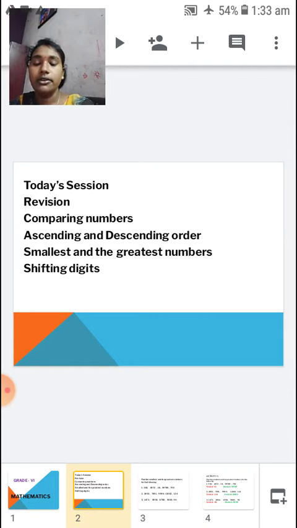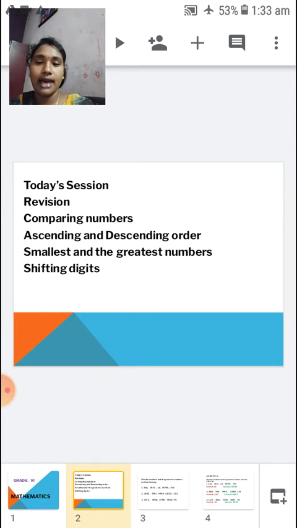Okay, children, we are also going to see how numbers are classified as the smallest digit numbers and the greatest digit numbers. And last, we are going to see shifting digits. So how we can get new numbers by shifting the digits, without repeating the numbers. Okay, children, so let's move on to the detailed session about each and everything.